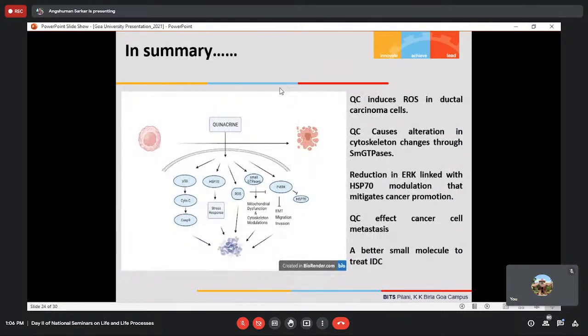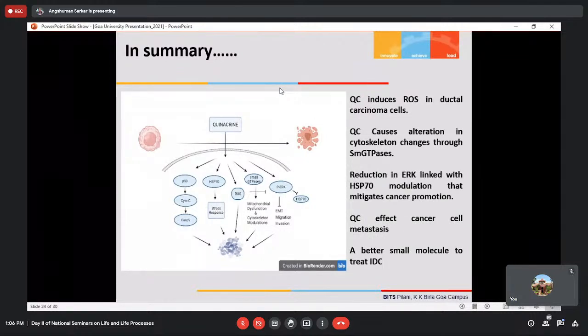So finally, in summary, quinacrine induces ROS in ductal carcinoma cells. Quinacrine causes alteration in the cytoskeletal changes through small GTPases, which I was telling you about, and a reduction in ERK linked with HSP70 modulation that mitigates cancer promotion, and quinacrine affects cancer cell metastasis.